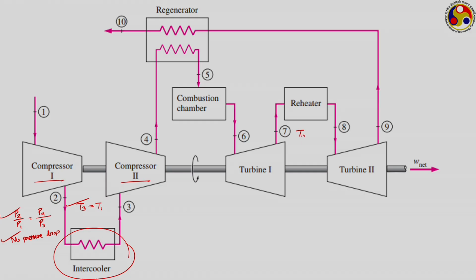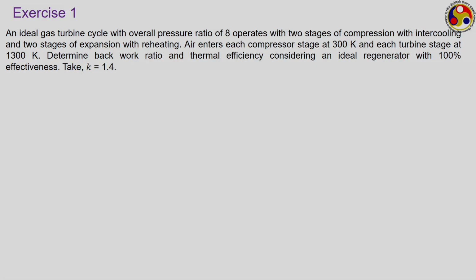In the ideal scenario, we want T8 to be equal to T6 and the pressure ratios to be equal to each other. Now, the exhaust from the second turbine, T9, goes through the regenerator, thereby increasing the thermal efficiency of the cycle. We shall now do a couple of numerical examples just to see the numerical effect of regeneration.